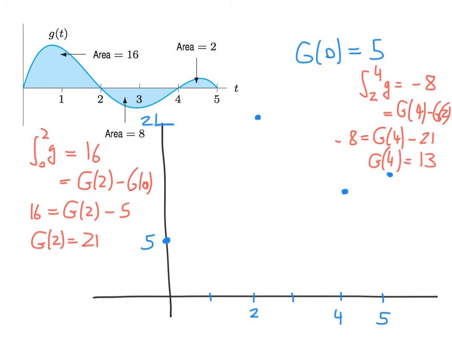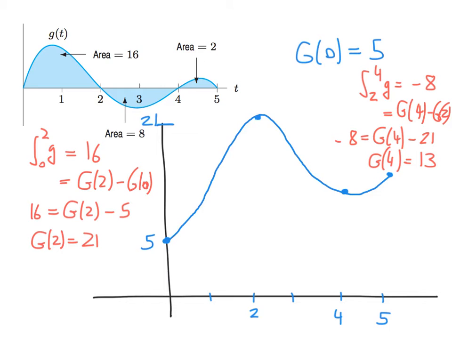Okay, so our function now will look something like this. Go up, have a local maximum at 2, go down, have a local minimum at 4, and go over to 5.